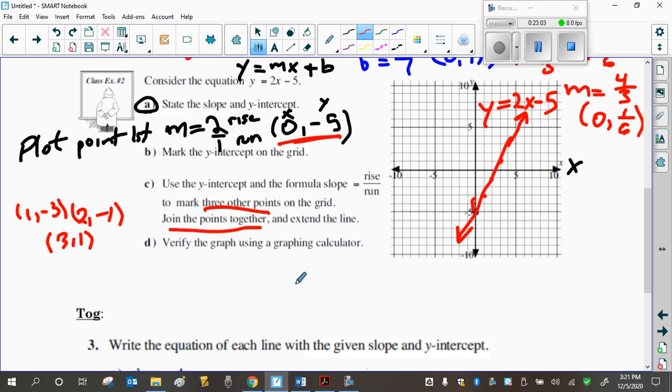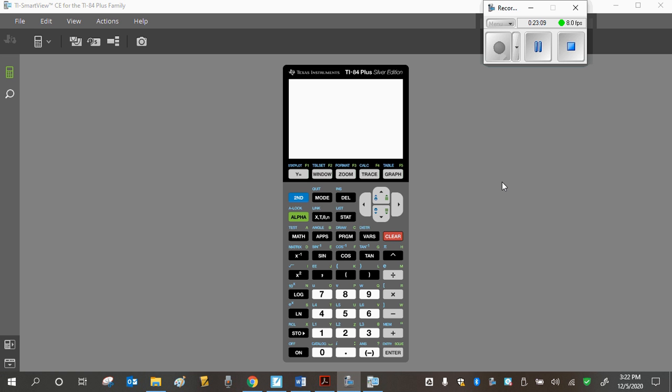Graphing calculator, fun. Okay, there it is. And I need y equals 2x subtract 5. So I press y equals, clear anything in there. 2x is right beside the green button, minus 5. And then graph.